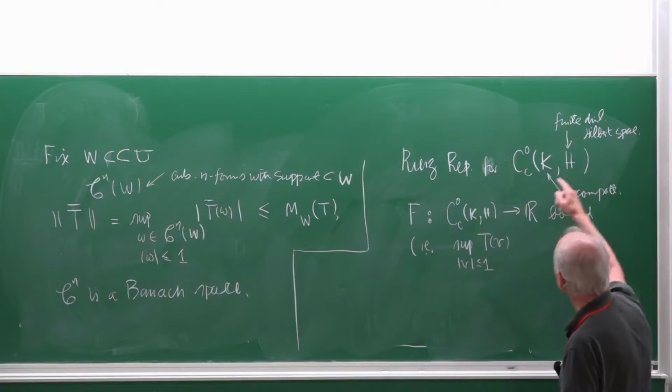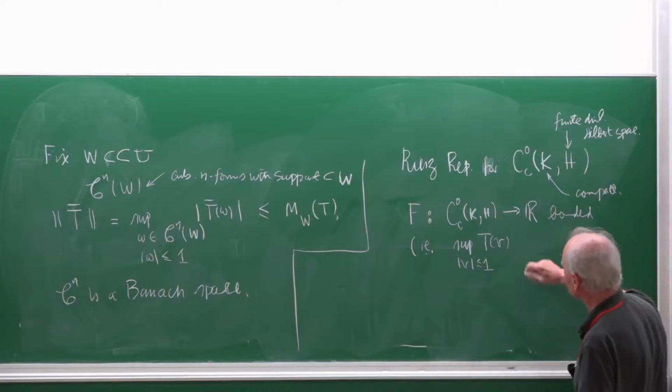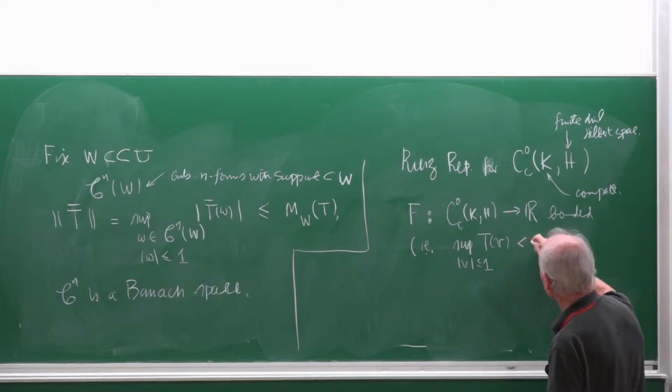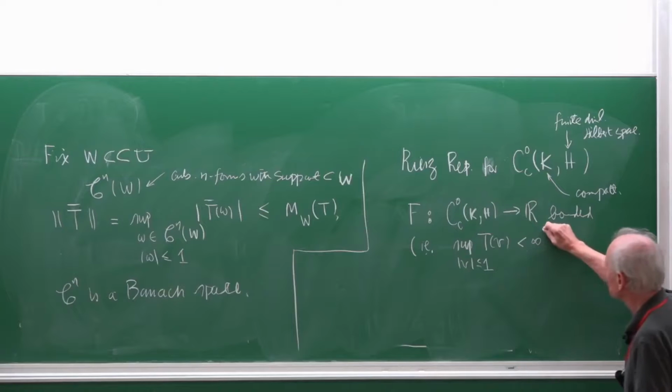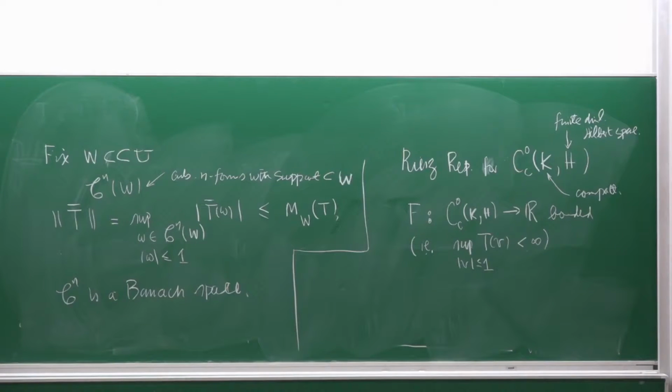So V here is the length in the Hilbert space, if that's finite. Then you can describe completely what such functionals look like.